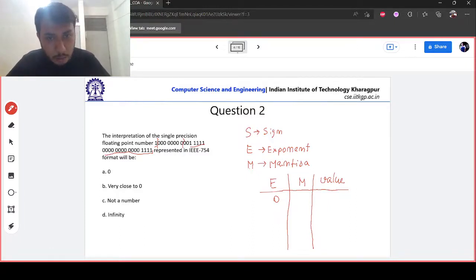If exponent is 0 and mantissa is 0, the value is exactly 0. Next, if the exponent is 255 and the mantissa is 0, exponent 255 means the middle 8 bits are all 1, so that is 255. That represents that the value is infinity.